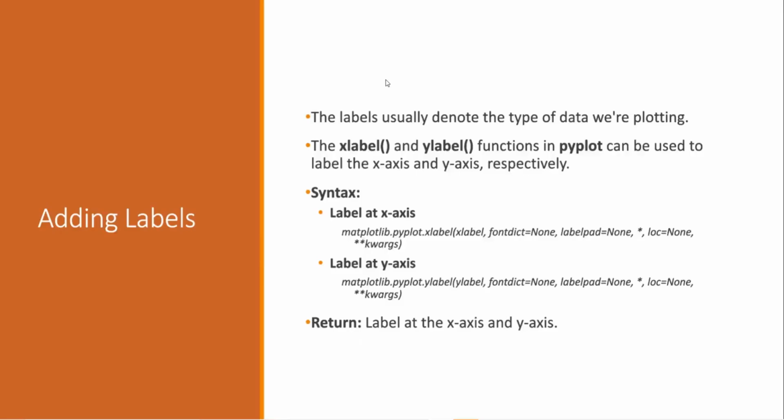Now we learn about certain features of the Matplotlib plot. The first one is adding labels to the axis. The label usually denotes the type of data we are plotting. The xlabel and ylabel functions of the pyplot module are used to add labels to the axes. To add a label on the x-axis we use the xlabel function, and on the y-axis we use the ylabel function.